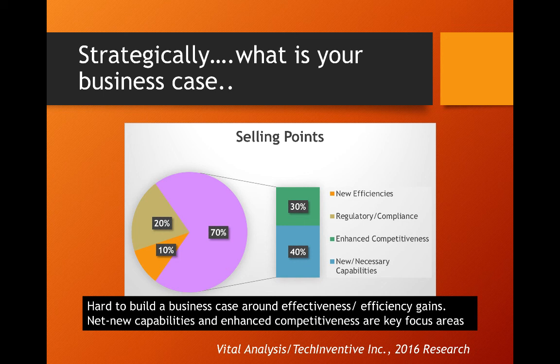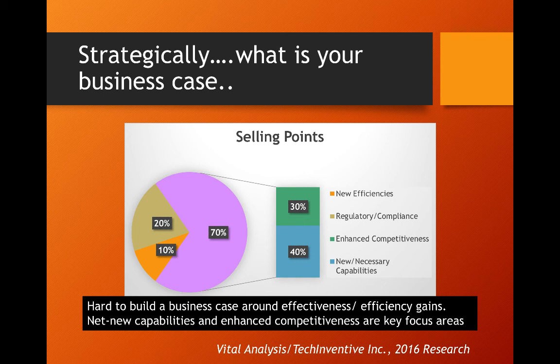My final point is that at the end of the day, you have to think strategically. What is your business case? The selling points, for the most part, are very hard to build. It's very hard to build a business case around effectiveness. So you have to really understand what the new efficiencies are. What are you doing for regulatory compliance?